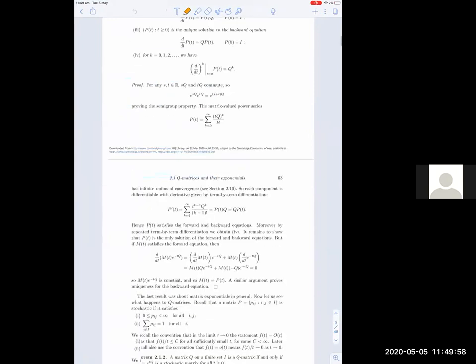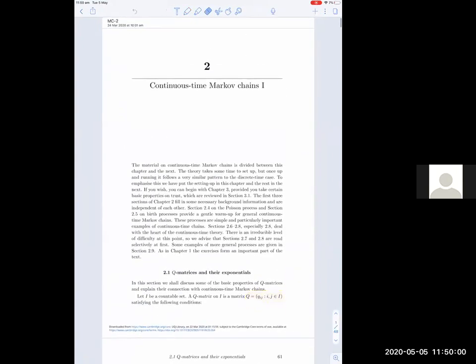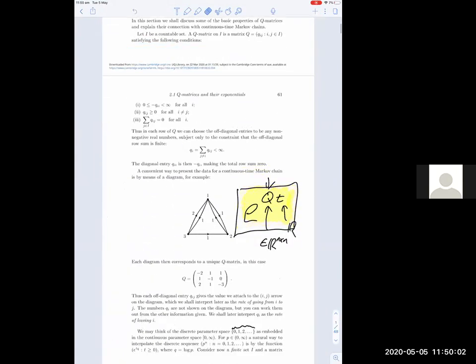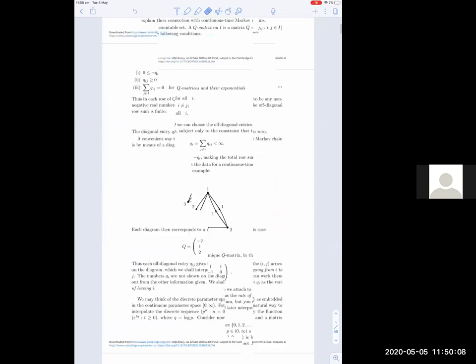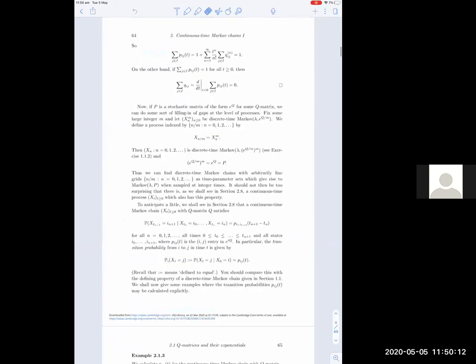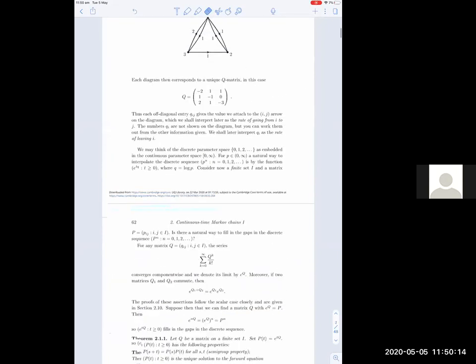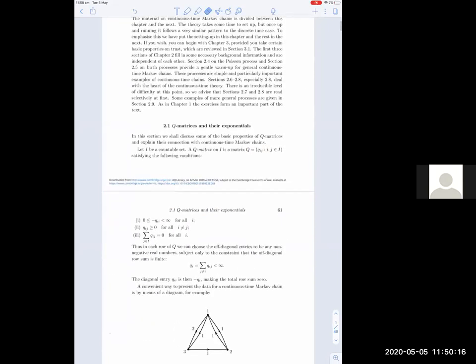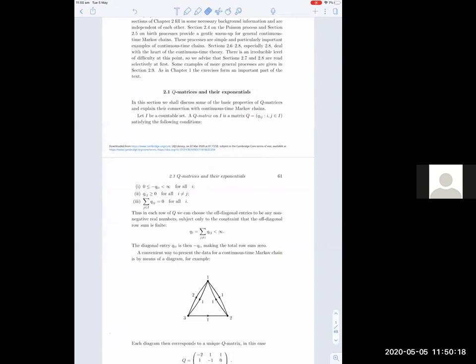Remember, the Norris book is in general a slightly more rigorous book. I actually want us to get a loose feel for continuous time Markov chains at first. But it's pretty good to look at section 2.1 because it speaks about Q matrices, about generator matrices.